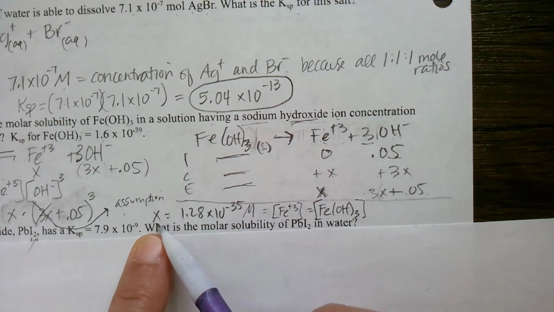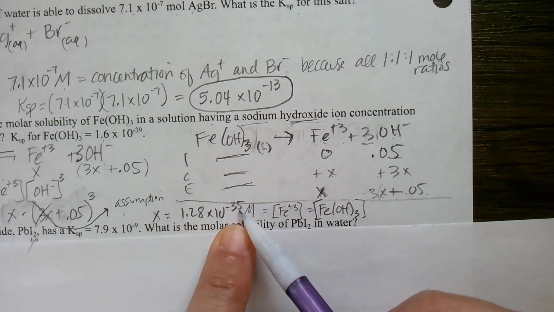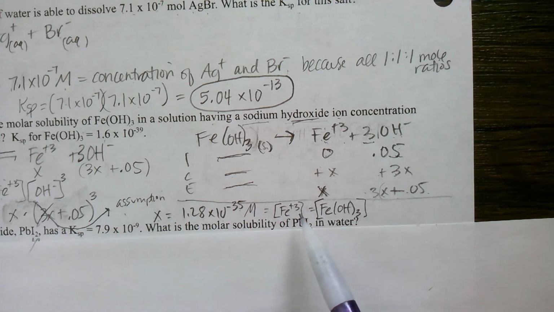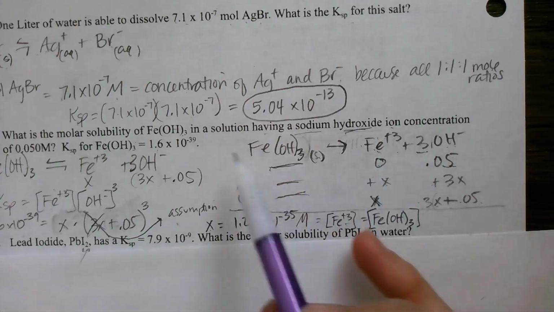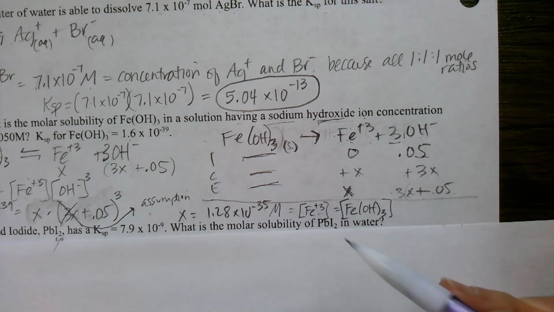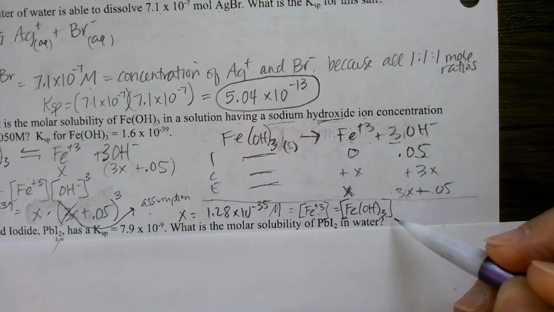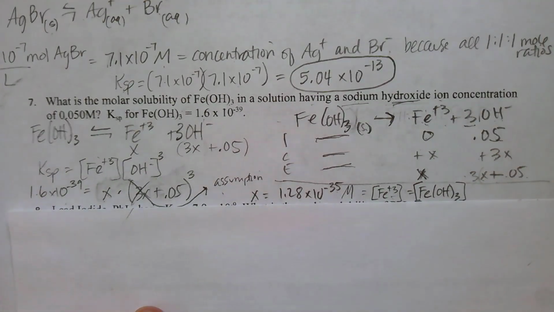And that would solve for X. X is 1.28 times 10 to the negative 35. And X is equal to my Fe plus 3. That is a 1-to-1 ratio with my Fe(OH)3, my iron hydroxide. So that would be the concentration of the iron hydroxide. Do the math. Double check, make sure you get the same thing.